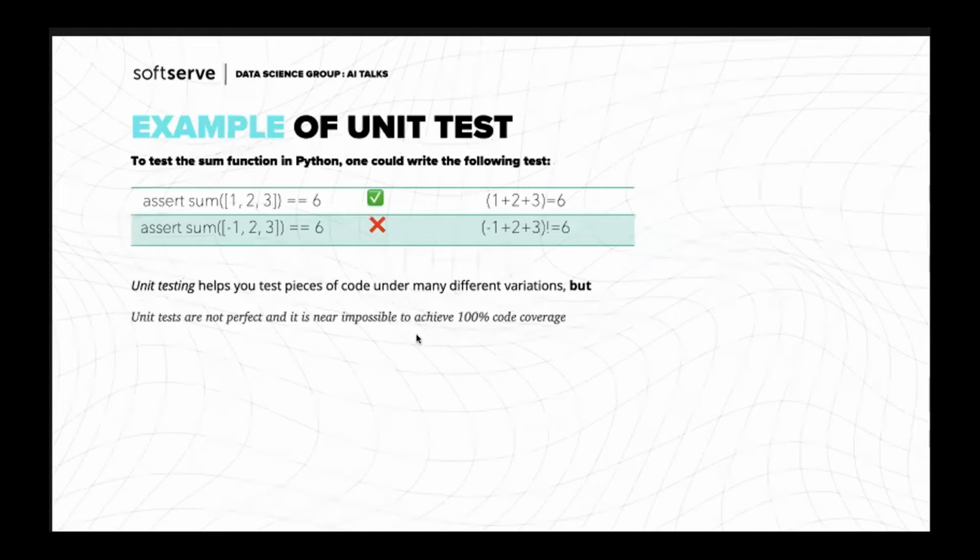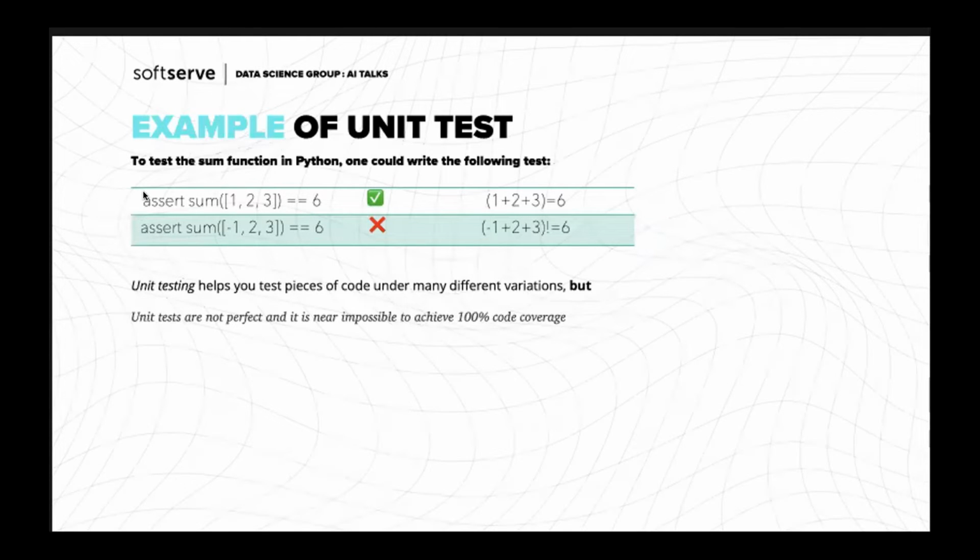This is a very easy example of a unit test. For example, we need to write a unit test to validate some functions in Python. It could be written with assert functions: assert, call sum, which is our function that we need to cover. And in the brackets, we set an array from which we need to calculate a sum.